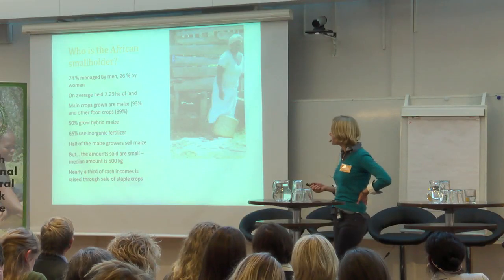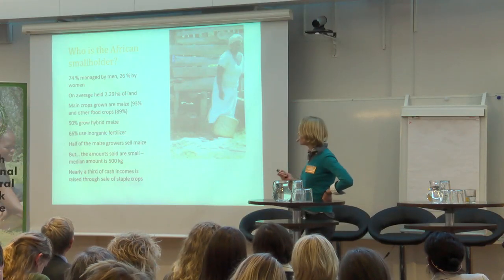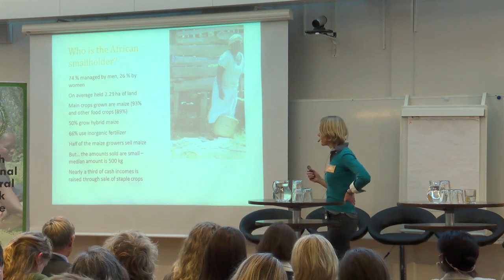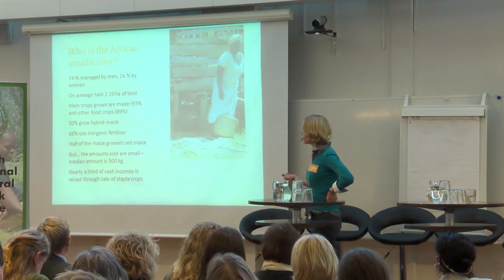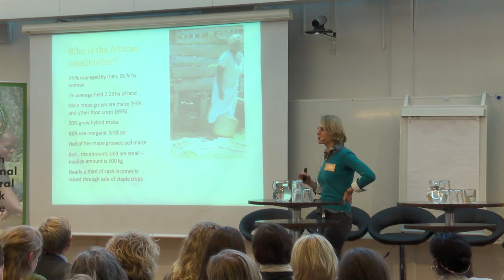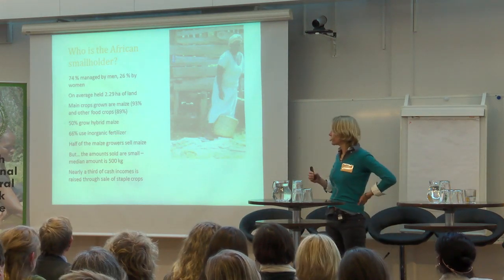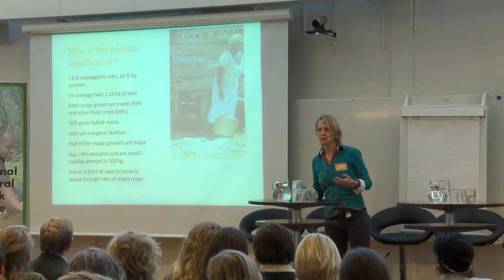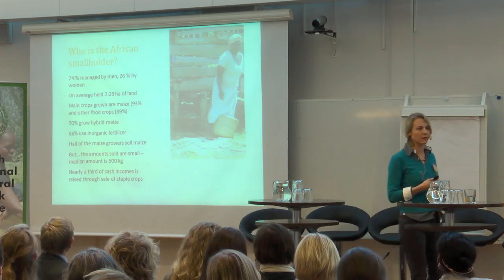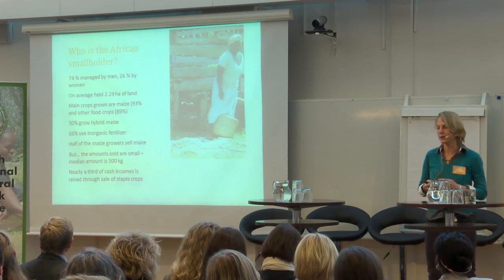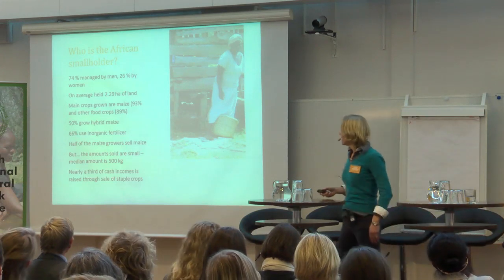On average, the smallholder held 2.3 hectares of land, roughly. And the main crops grown are maize, which is grown almost universally within the sample, and what is known as other food crops. And this covers other tuberous crops as well as vegetables and beans and legumes.